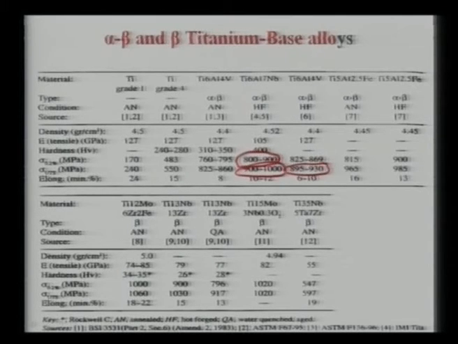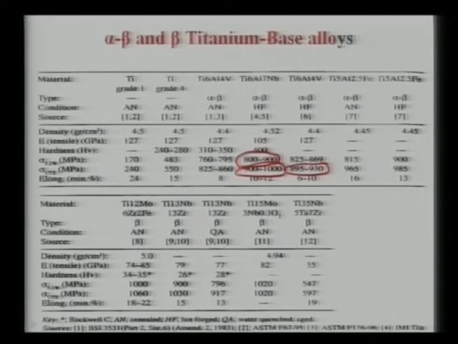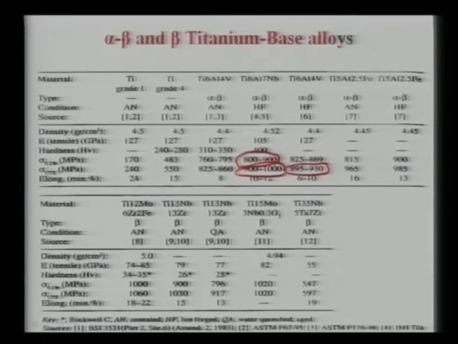This 1 gigapascal is roughly double that of the ultimate tensile strength of steel based material that one can achieve, and therefore titanium has much higher strength than steel. This particular fact I must emphasize here.